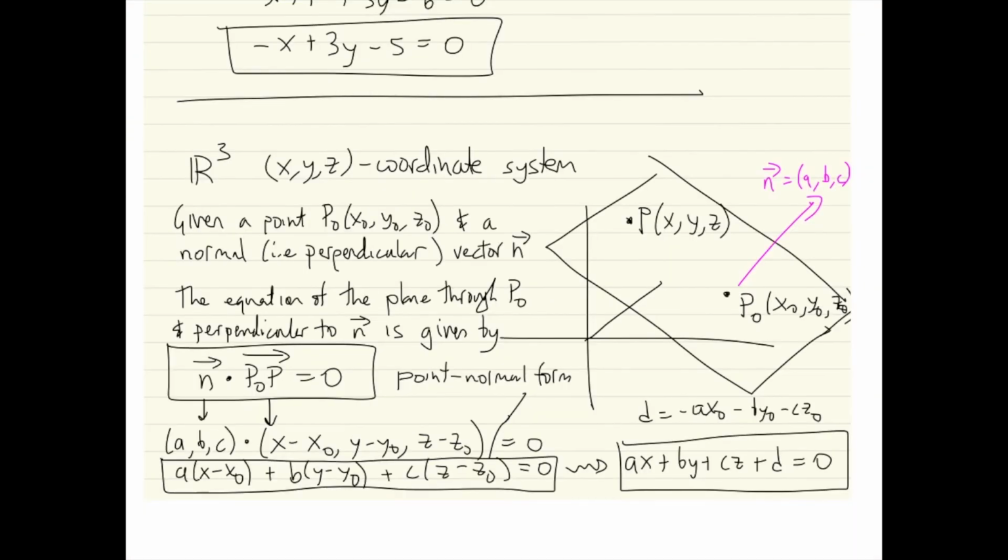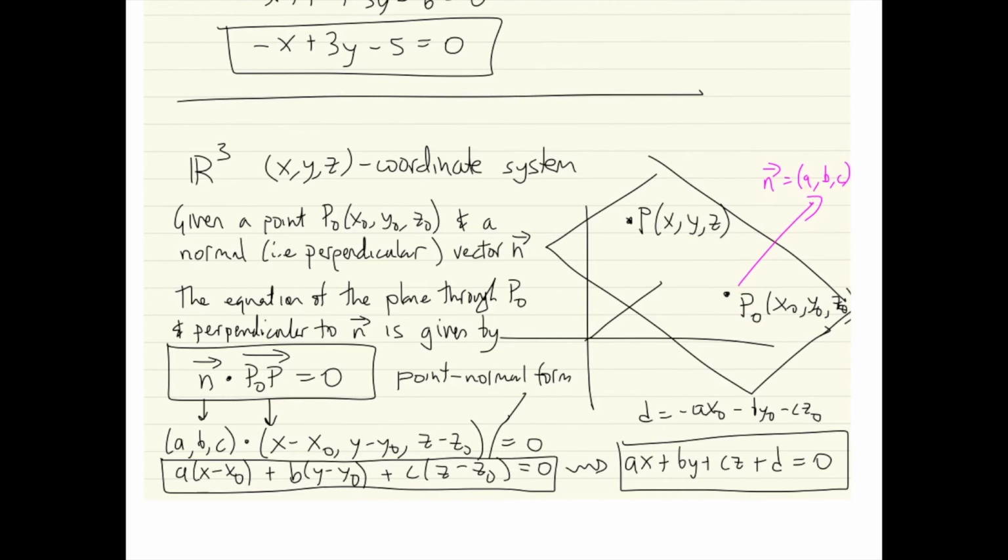Let's move on to the case of R3 and a plane in R3, where the story is analogous. So now suppose we're given a point, which will have 3 coordinates, x0, y0, z0, and then again a normal vector n, which is given by 3 numbers. We want to find the equation of the plane that passes through this point P0 and is perpendicular, or normal, or orthogonal to this vector n.